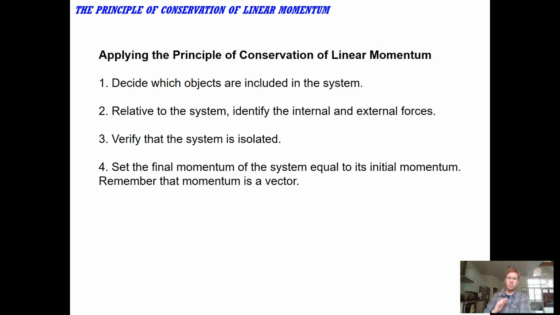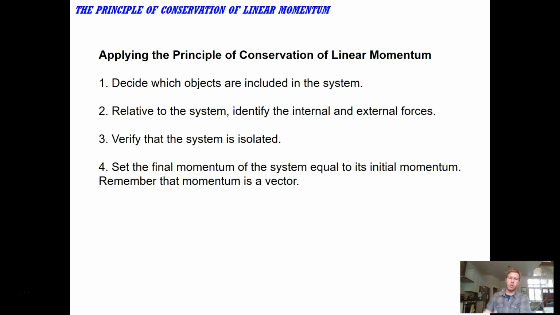So always, you must first figure out whether or not you have an isolated system. So you need to define what objects are in your system. You need to then look at what forces are acting on your system, determine whether they're internal or external, and only if you verify that all forces are internal and there are zero external forces, then you can assume you have an isolated system.